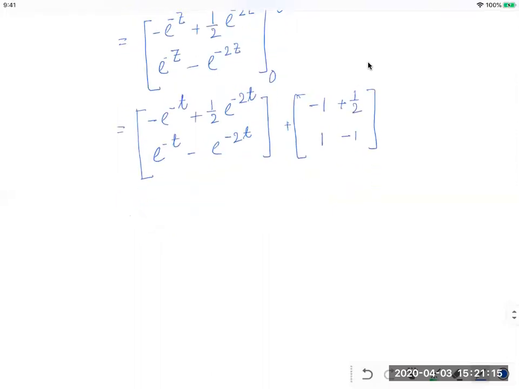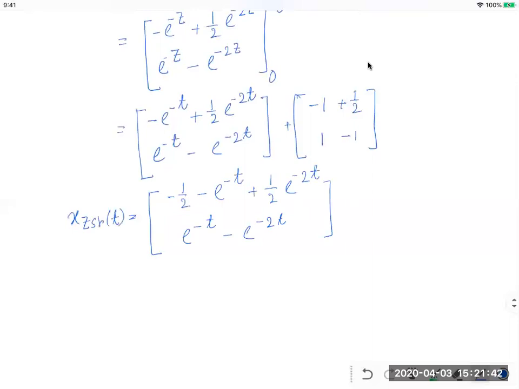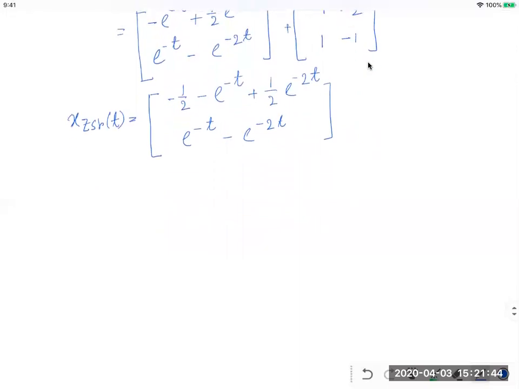So that is equal to minus half minus e to the power minus t plus half e to the power minus 2t, and the second element is e to the power minus t minus e to the power minus 2t. This is x_zsr, the zero state response.